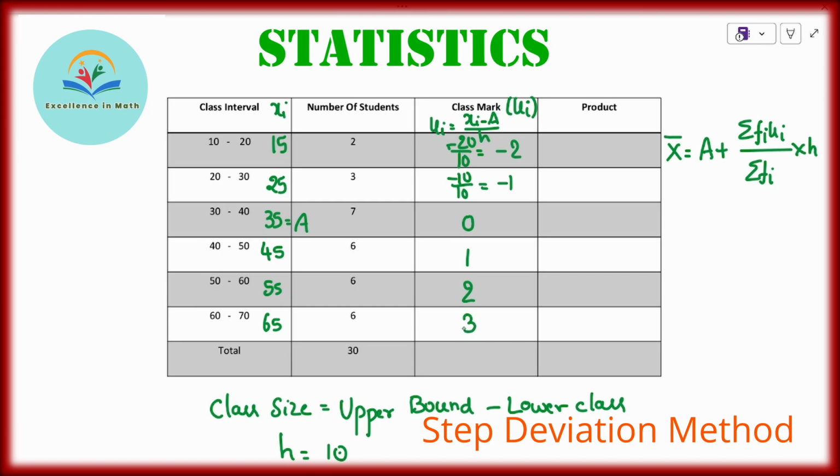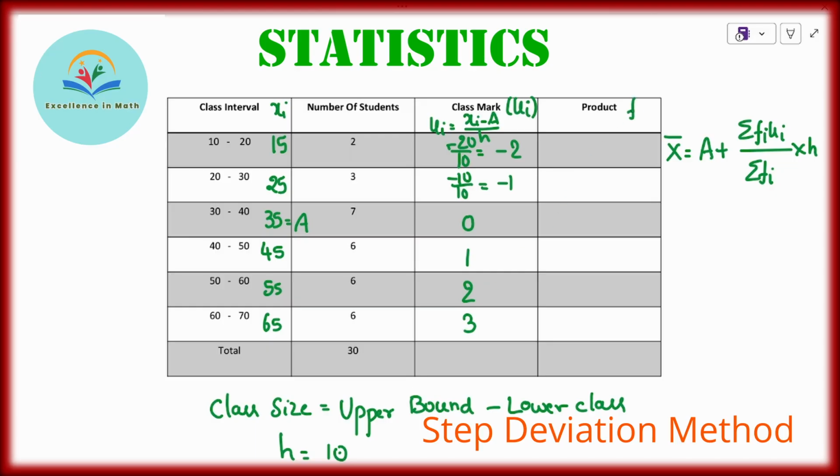If you observe, even in the assumed mean method, we have minus 20, minus 10, 0, 10, 20, 30 as our di values. So to make our calculations much simpler, we can also use this method.